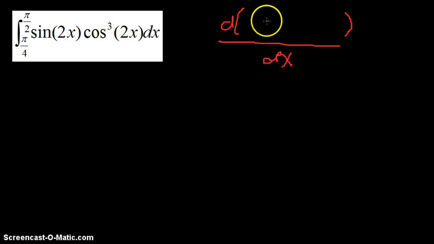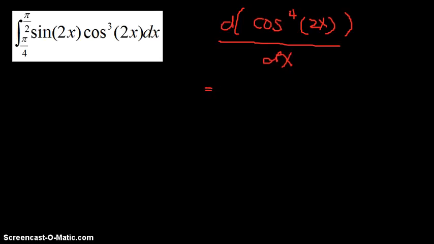So here I'm going to differentiate cosine 2x to the power of 4. If you're wondering how I got that, don't worry about it. Let's just try to differentiate cosine 2x to the power of 4 with respect to x and see what happens.